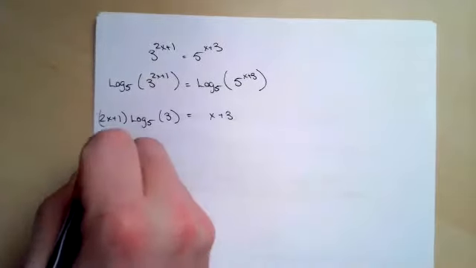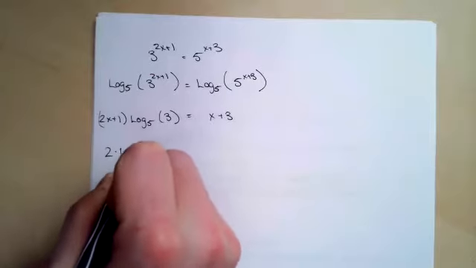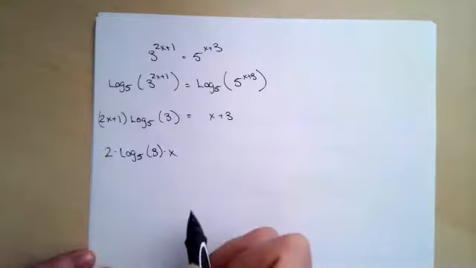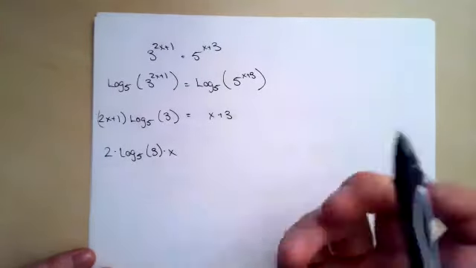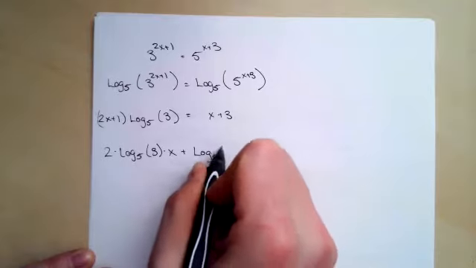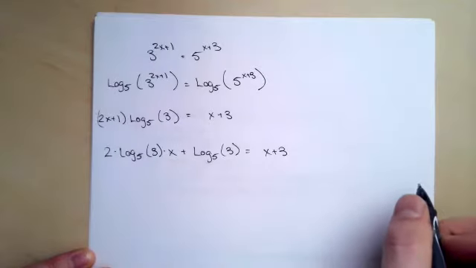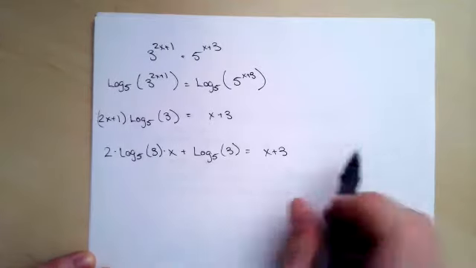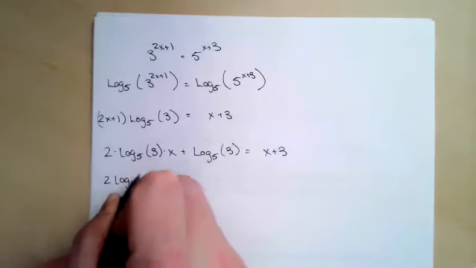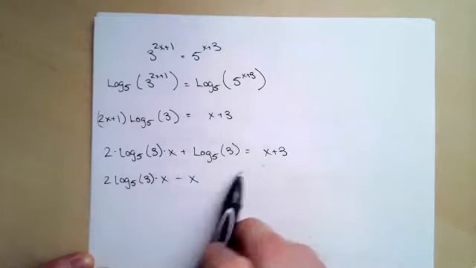So distribute the log. I'm going to write it as 2 times log base 5 of 3 times x. So our 2 times log base 5 of 3 is the multiple of x, plus log base 5 of 3 equals x plus 3. We want to isolate all the x's. So I'm subtracting that x over.